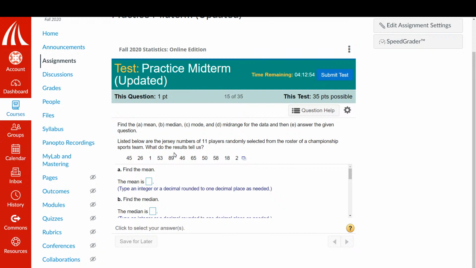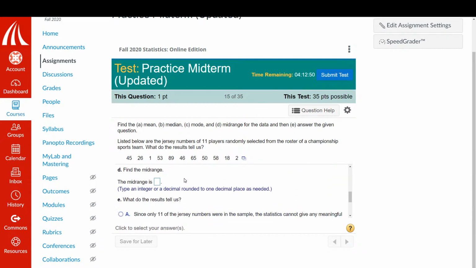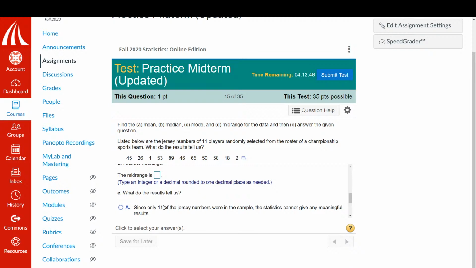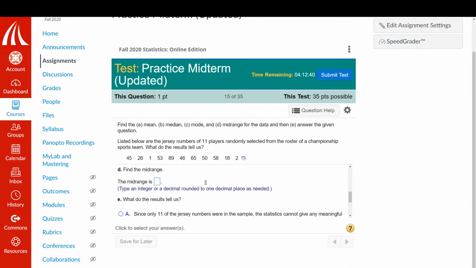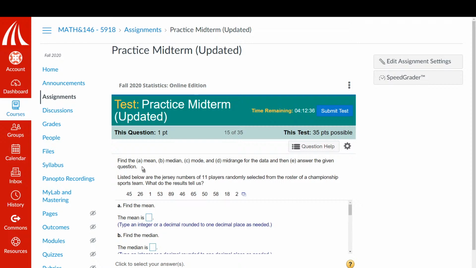What do the results tell us? Well, the results won't tell us anything really because they're jersey numbers. They don't have real numerical value. They're actually categorical values. But we can still find the mean. We can find the median, the mode, and the mid-range.